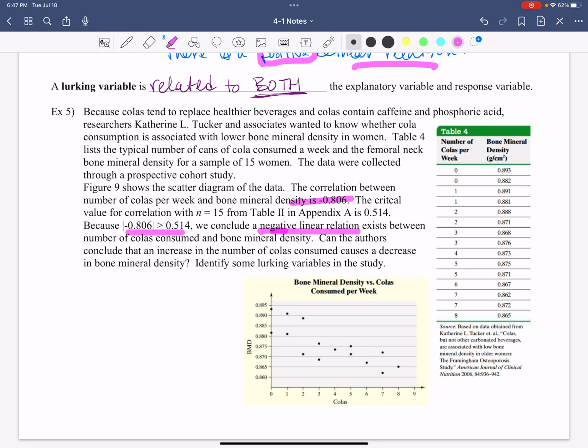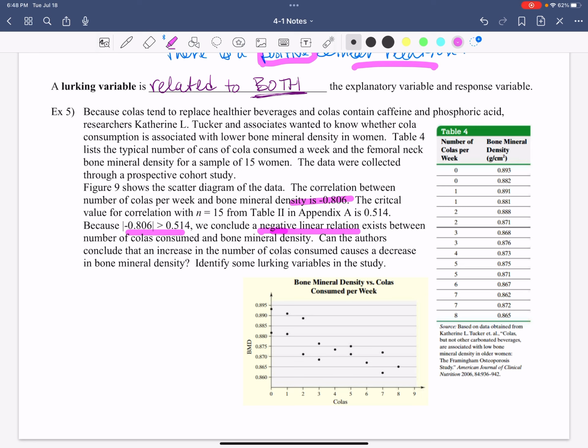Identify some lurking variables. So this is where you have to set it up. This is where in statistics you have to be a good consumer and look at the words that are used. Causes this. Based on 15 pieces of data, you're going to say this is a cause of what can happen, right?